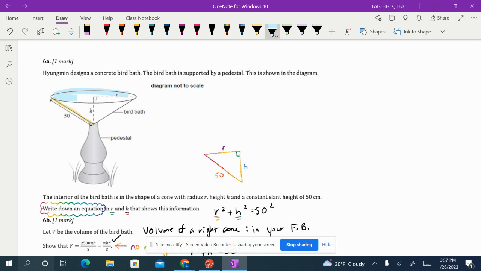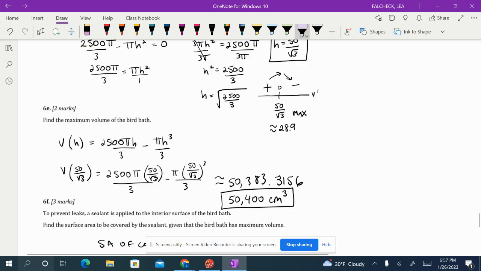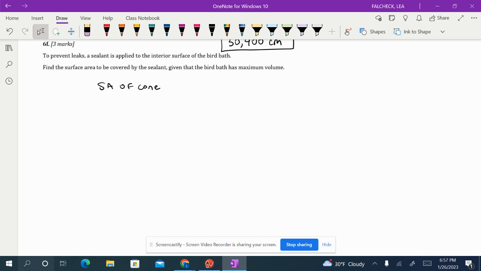We just need the walls, right? It's like if we were just painting this piece in here. Just these walls in here. We just need to paint those walls with the sealant. So we just need the surface area of the interior part of the cone. And that is in our formula booklet.